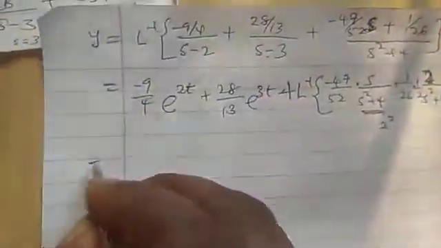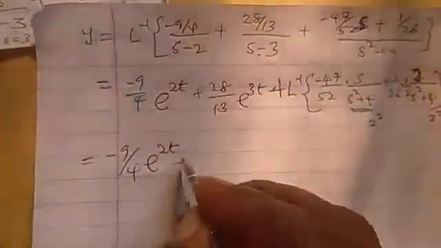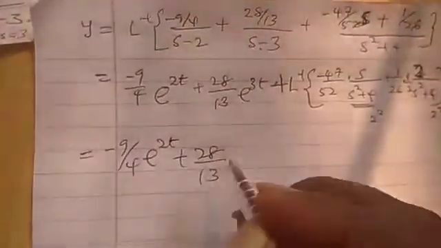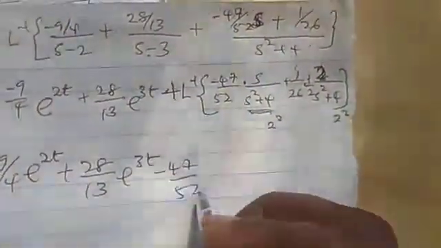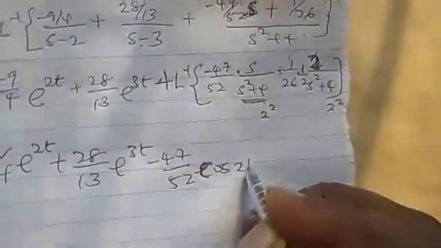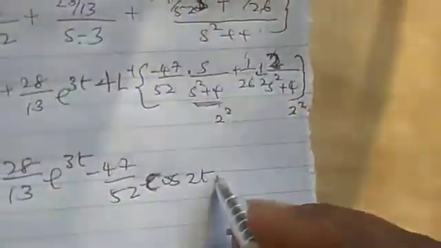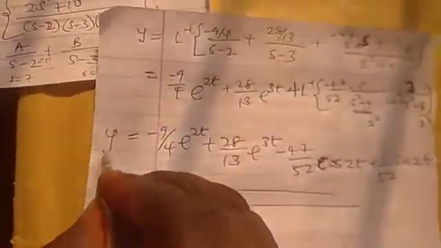So at the end of the day, my answer should be minus 9 over 4 exponential 2t plus 28 over 13 exponential 3t. This is minus 47 over 52 cos 2t, and finally plus 1 over 52 sine 2t. So that is the solution of the given differential equation.